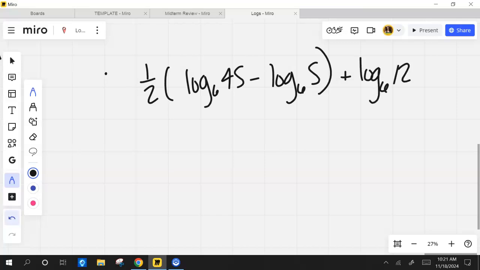Somebody asked for another example. That condenses down to something else.